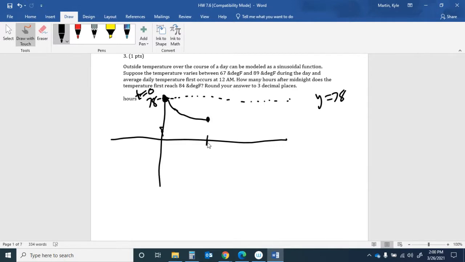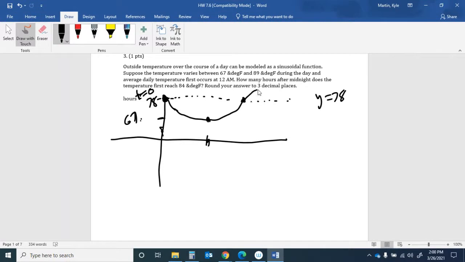Let's say it's right there. So it hits that minimum at 67. Then it comes back up. It starts to warm up again because the sun's coming up. And then it hits that average daily temp of 78 again.